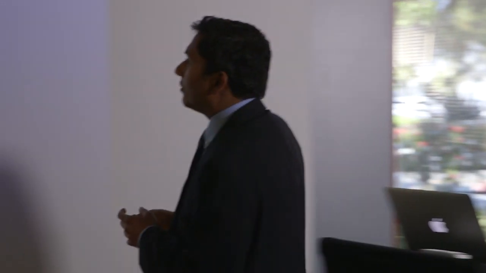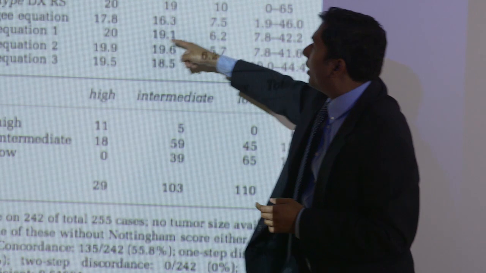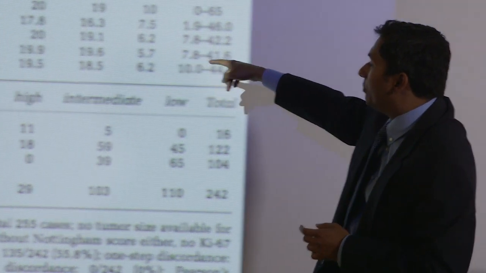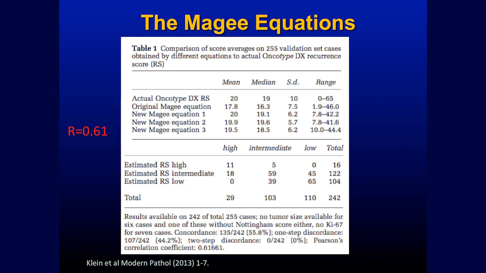So if this is the Oncotype DX score, and this is what the McGee is predicting: the McGee score, using regression coefficients, is predicting a 19, and the actual Oncotype score was 20. So even a good pathologist can more or less predict, with not great certainty but reasonable certainty, the genomically obtained tool.